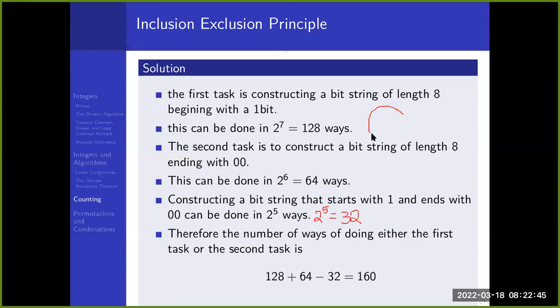So we drew some diagrams at the beginning. We said this first set, I called it A, would be the number of ways of constructing a bit string of length 8 which starts with 1, and we saw that that is 2 raised to 7. So the number of elements in A is 128. The same way, this second set, we call it B, and the number of elements in B is 64, right?